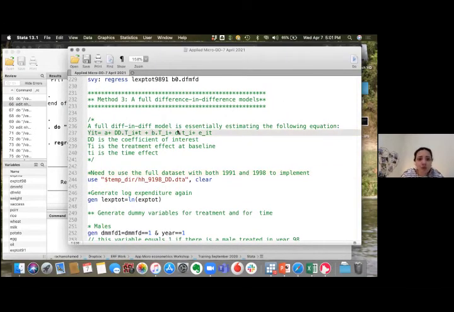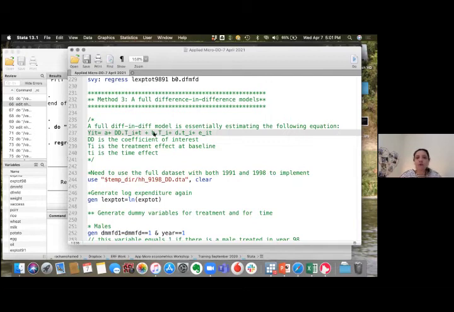So we have to estimate this regression. We will regress our outcome of interest, which is the per capita expenditure for household i at period t. We have alpha as a coefficient. We have DD, which is our beta in our slides, the difference-in-difference impact, the interaction between being treated and the time variable.